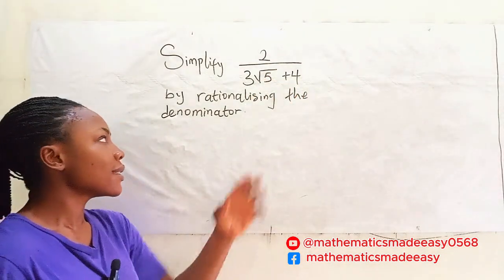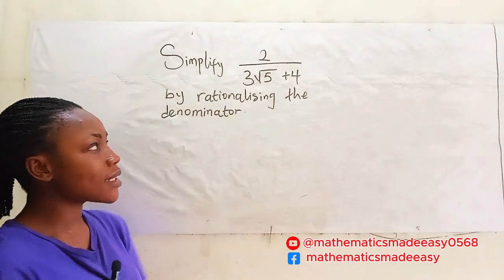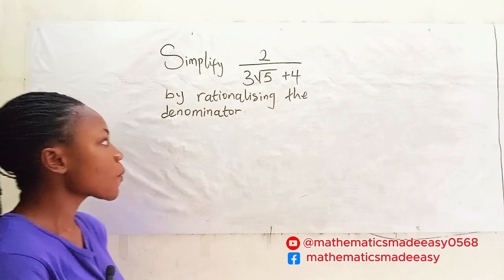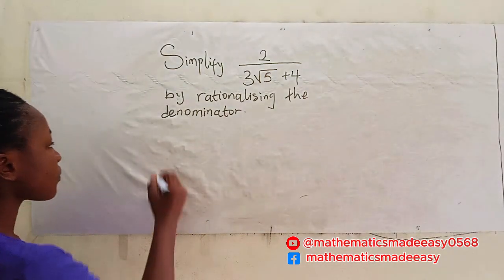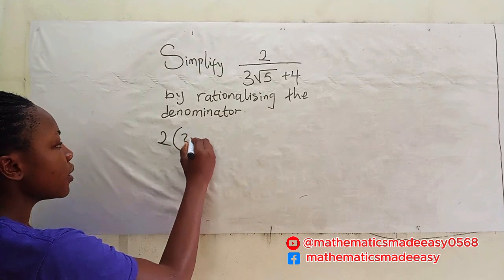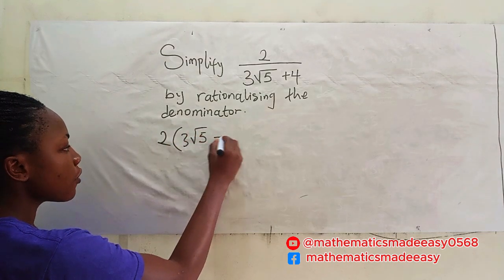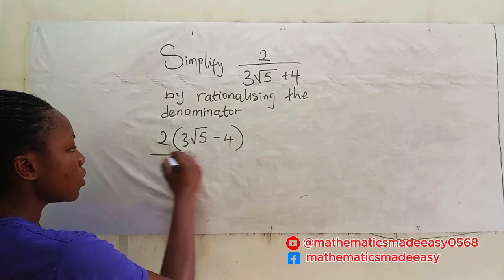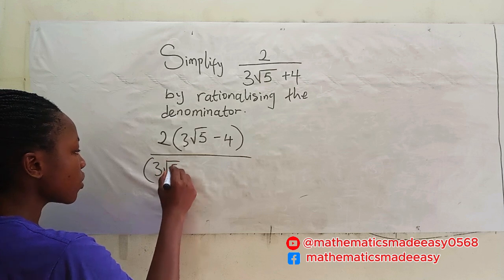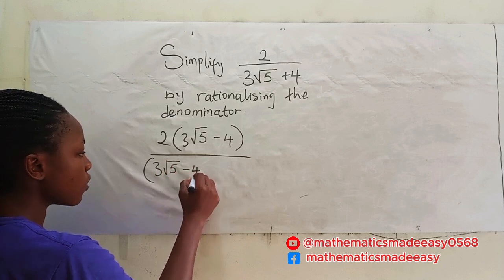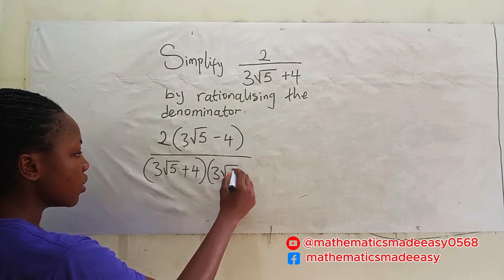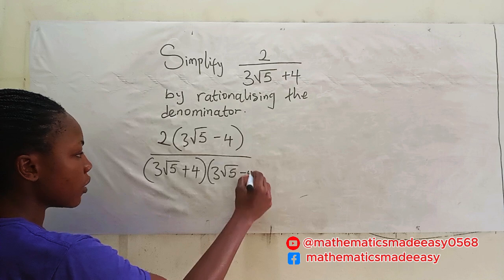And in the conjugate, this sign is going to be minus. Okay, so we are going to have 2 times 3 root 5 minus 4, all over 3 root 5, sorry, plus 4 times 3 root 5 minus 4.